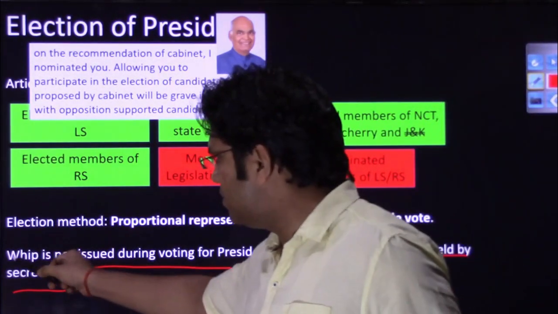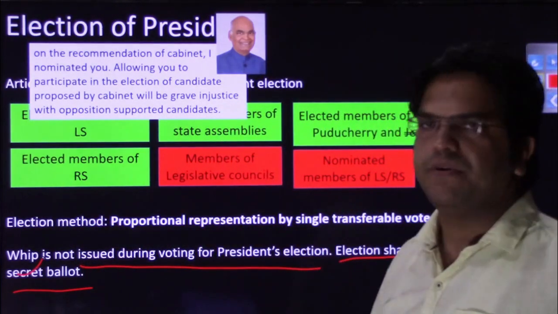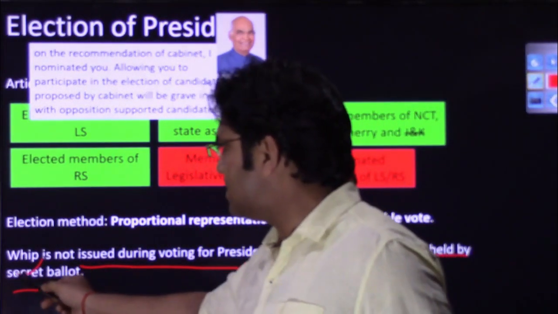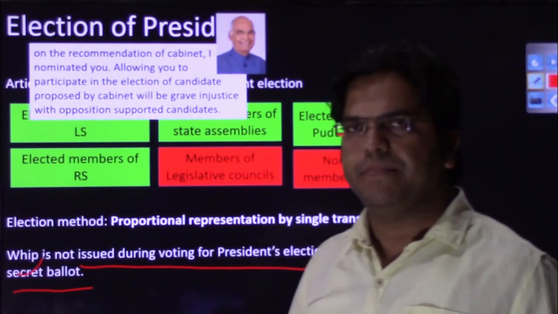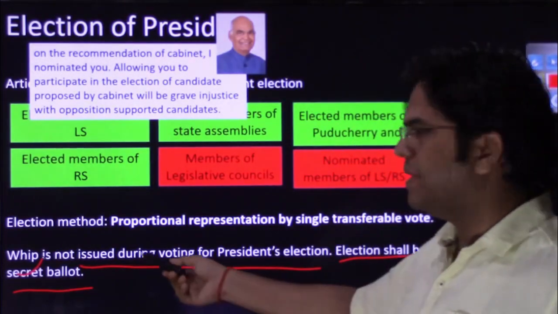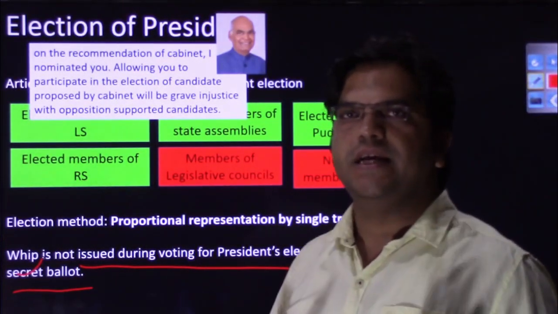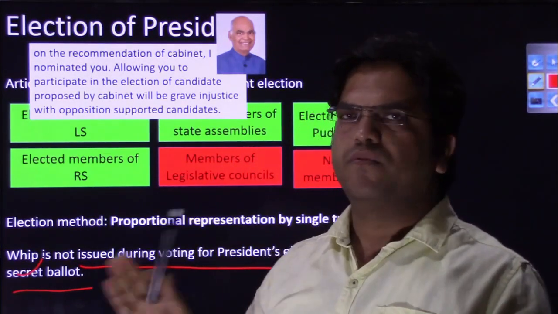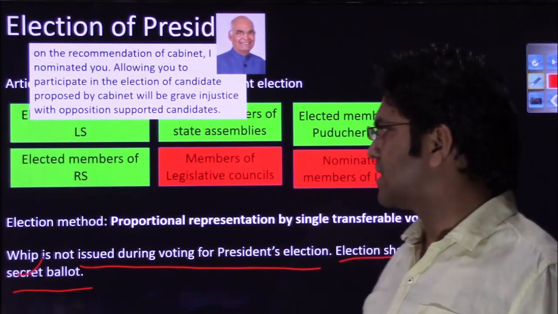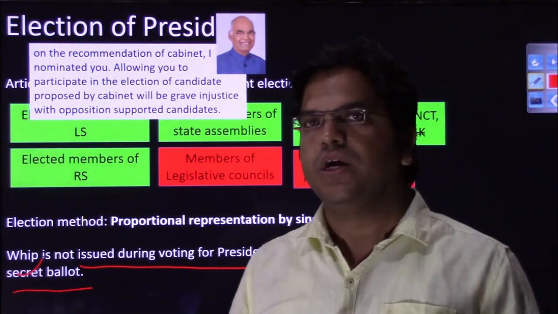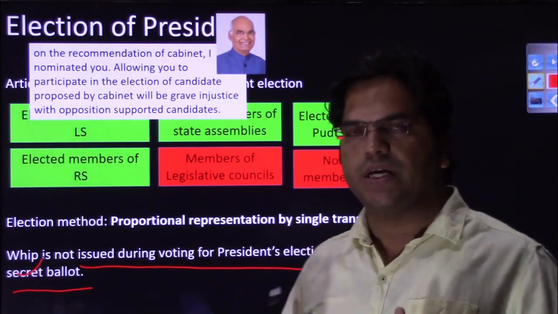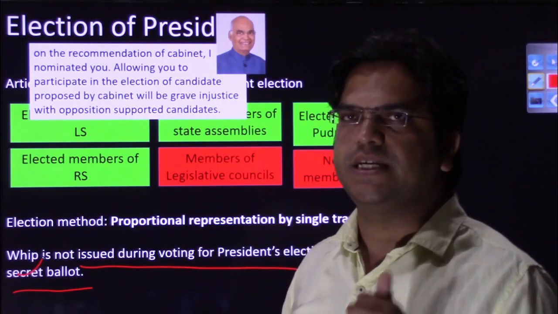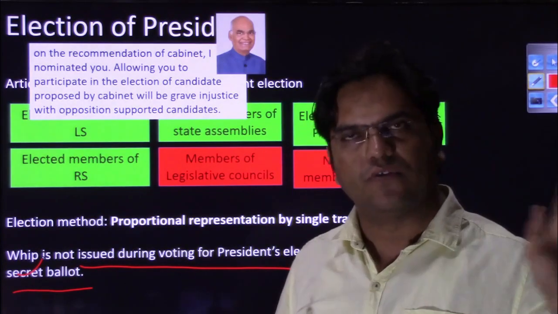So you need to remember that in the election of president whip is not issued, and the election happens by secret ballot. Why not open ballot? Whip has not been issued, meaning legally or technically the party cannot issue a whip saying you vote for this candidate or you should not vote for this candidate. But informally, even now, they can issue a dictate: formally we cannot, but informally you vote for this candidate.